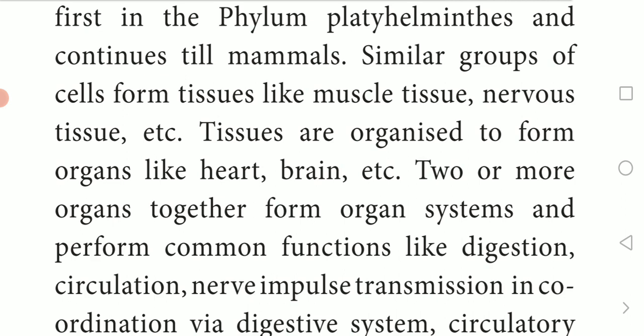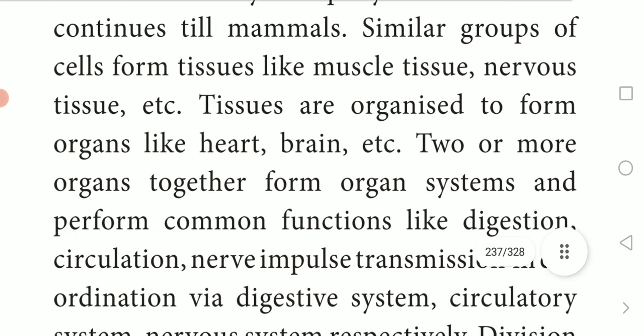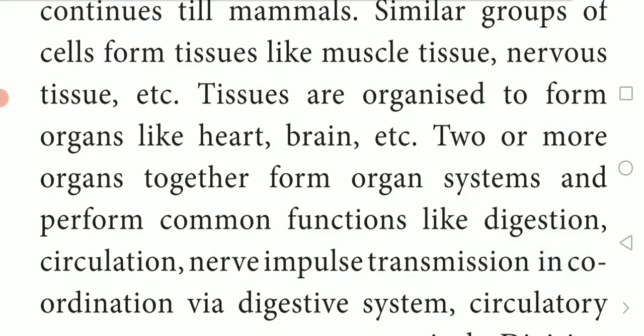Tissues are organized to form organs like the heart and brain. So these tissues are joined together and form the heart as well as the brain.